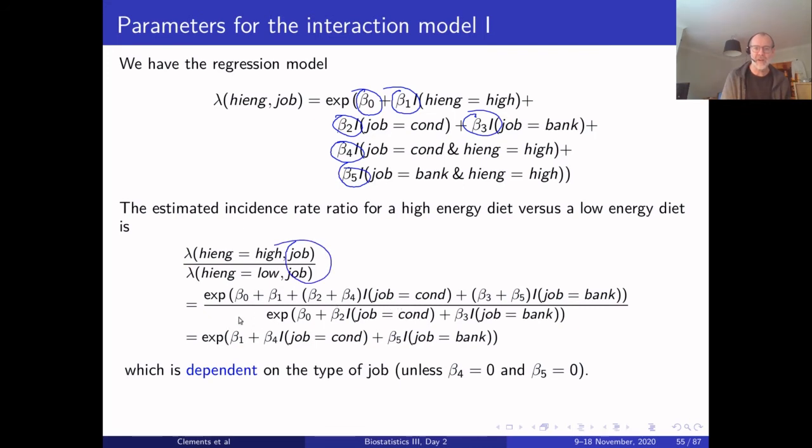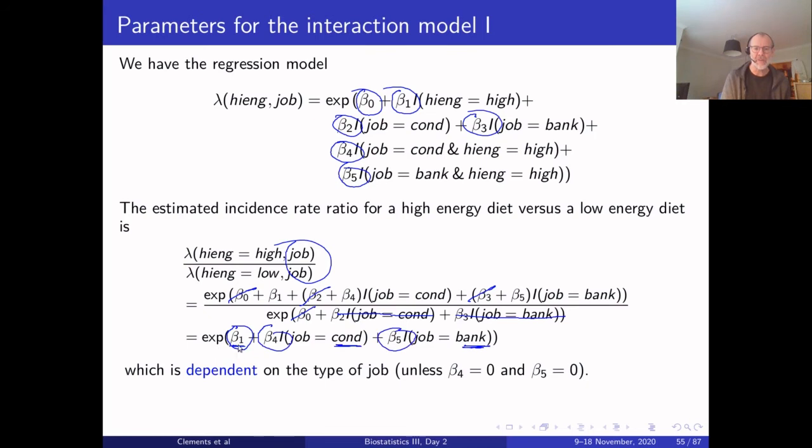now we have that the intercept terms cancel out. That beta 2 times here cancels out with that. Beta 3 times here cancels out with that, but we still have these terms here. So what we have is that the incidence rate ratio for a high energy diet is exponential of this value here for the drivers, plus an additional component if they're a conductor, or an additional component if they're a bank worker.